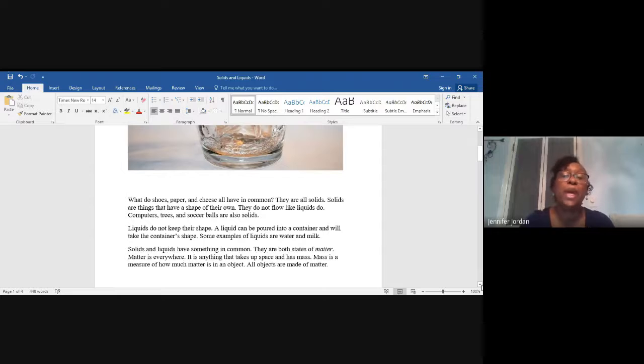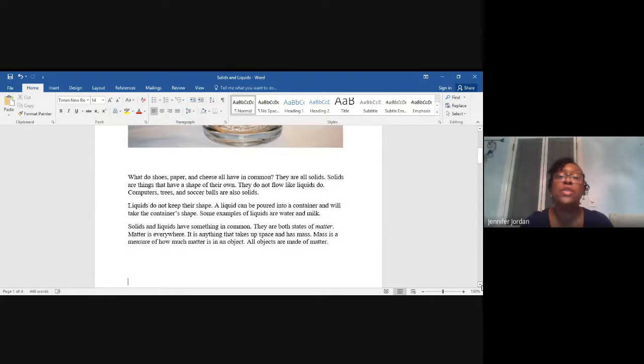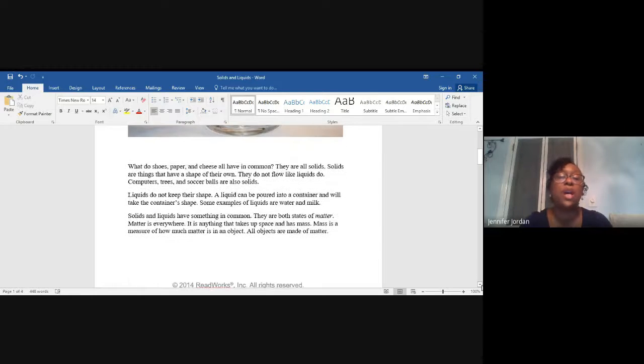What do shoes, paper, and cheese have all in common? They are all solids. Solids are things that have a shape of their own. They do not flow like liquids do. Computers, trees, and soccer balls are also solids. Liquids do not keep their shape. A liquid can be poured into a container and will take the container's shape.